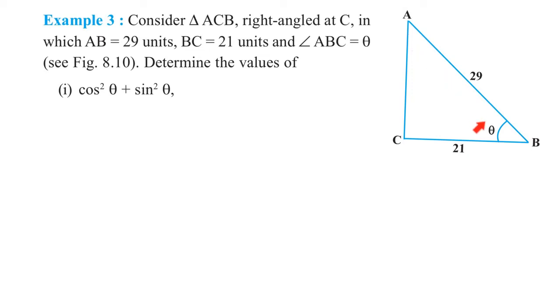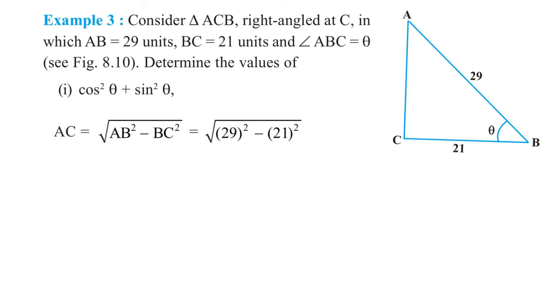So we know AB is 29, BC is 21, but we don't know AC. Can we figure out what AC is? How do you do that? We use the Pythagorean theorem. So AC is going to be the square root of AB squared minus BC squared.